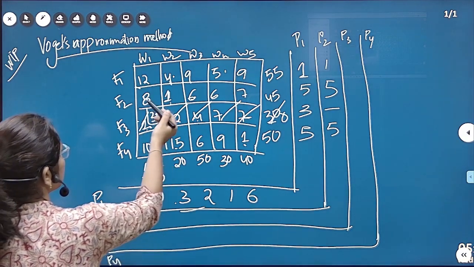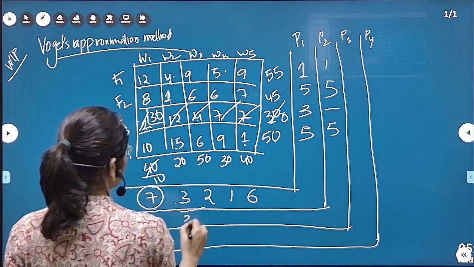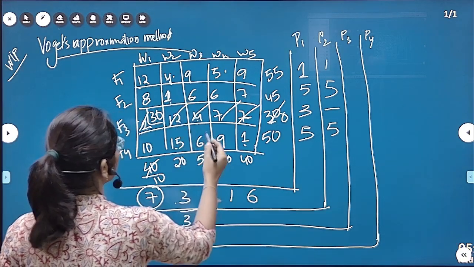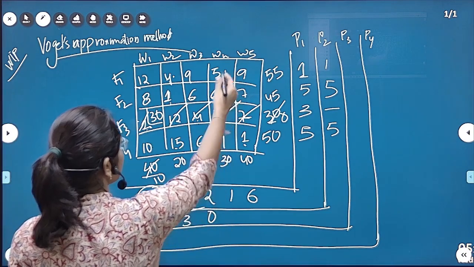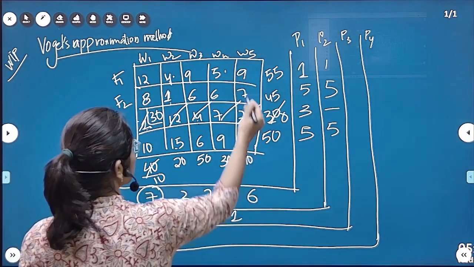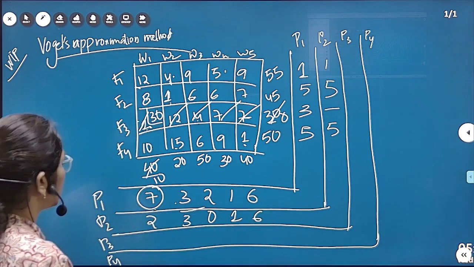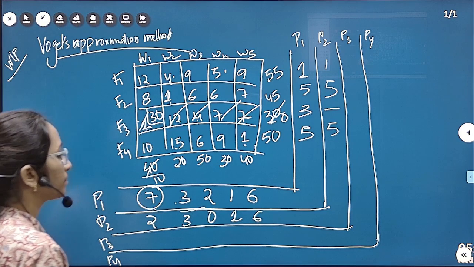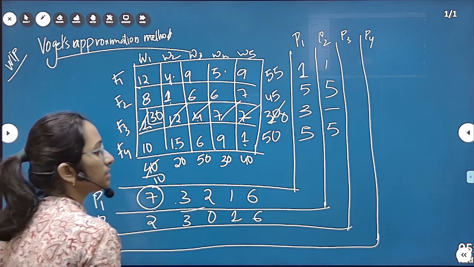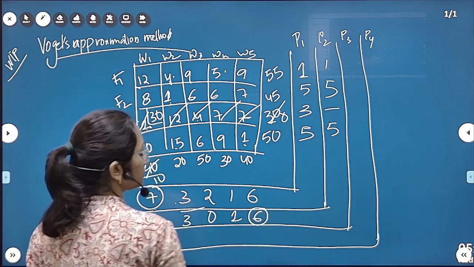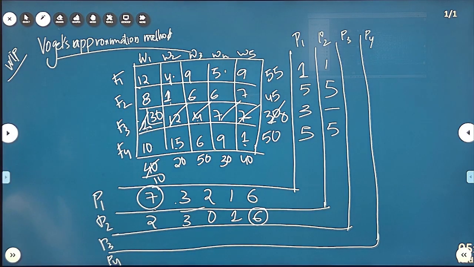So next 8 minus 10, 2, next 3, and 6 minus 6, here it is 0, and 6 minus 5, it is here 1, and 7 minus 1, it's 6. So tell me, the higher number in P2, column wise and row wise, is 6, right?